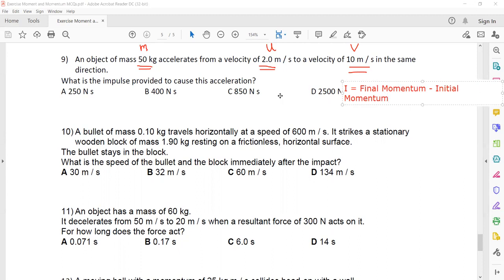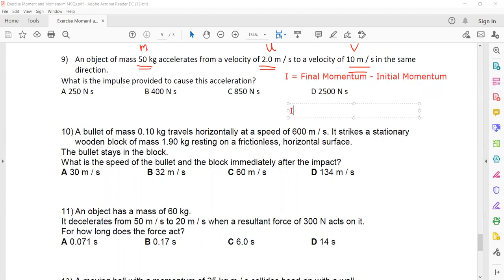The second formula for impulse is force multiplied by time. We cannot use the second formula because we don't have force or time. So we can use the first formula, that's final minus initial.